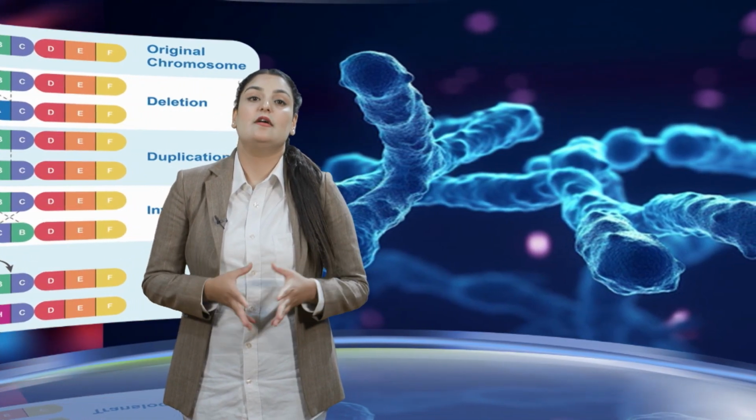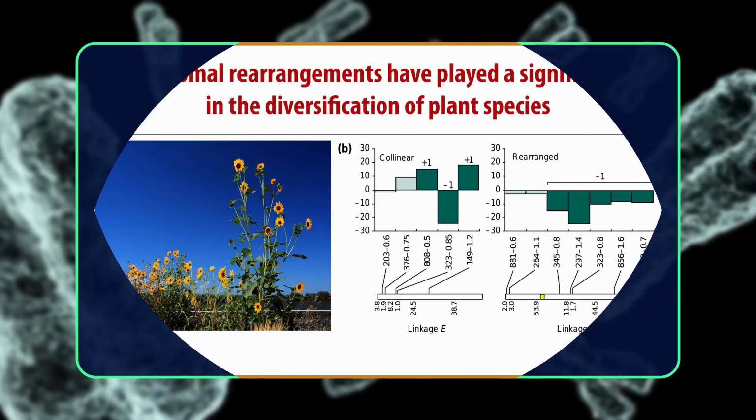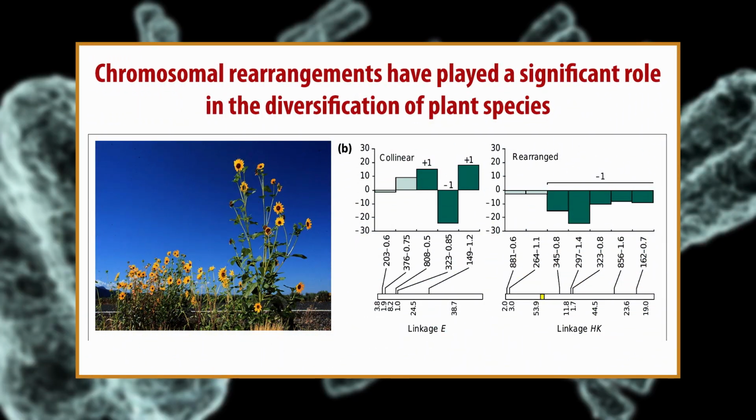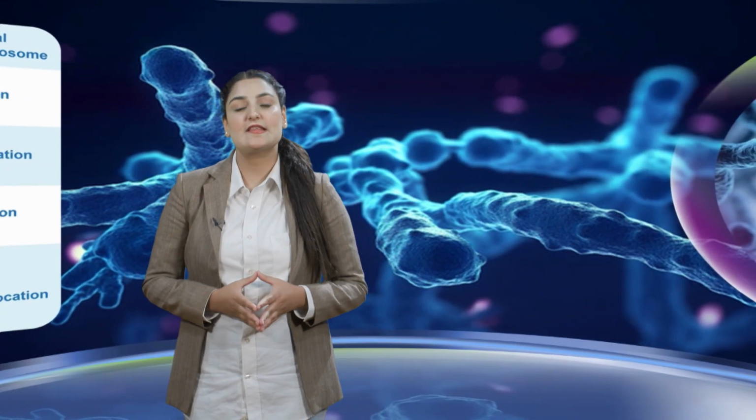So, if I take an example, we see chromosomal rearrangement has played a significant role in the diversification of plant species. So, in conclusion, I can say chromosomal mutations, whether structural or numerical, are major contributors to genetic diversity. That's how you and I are different.